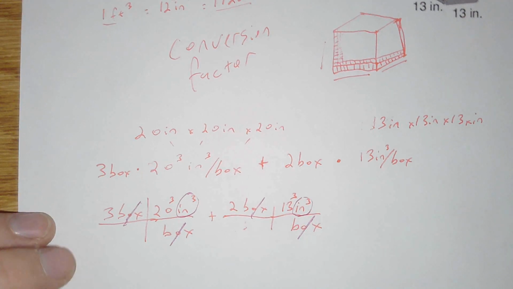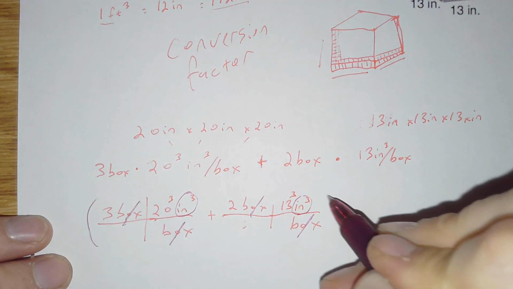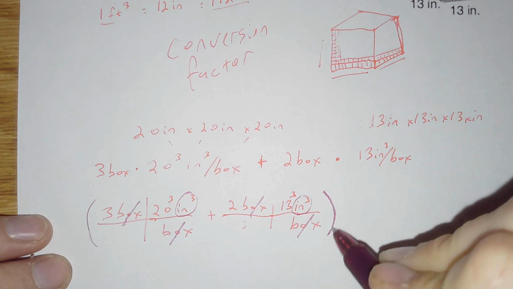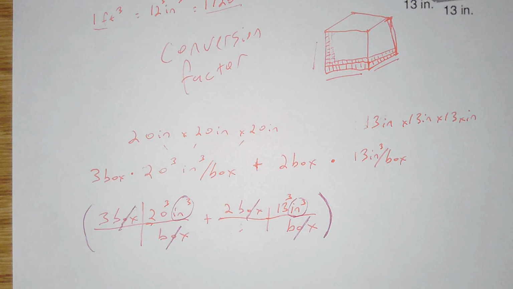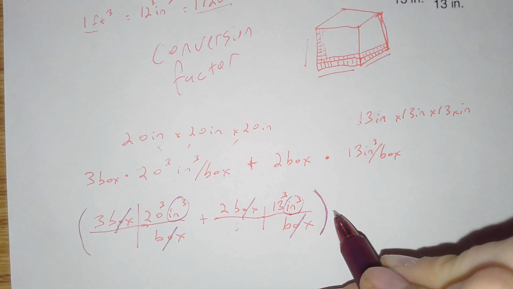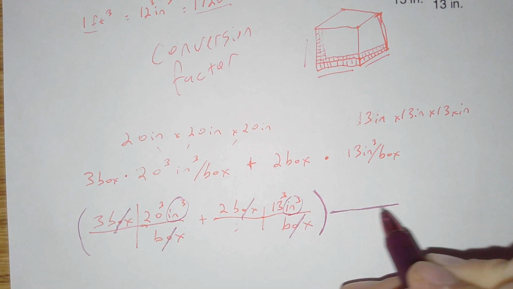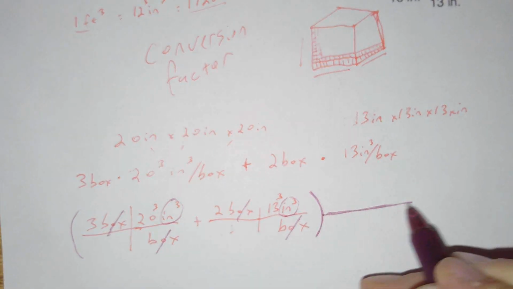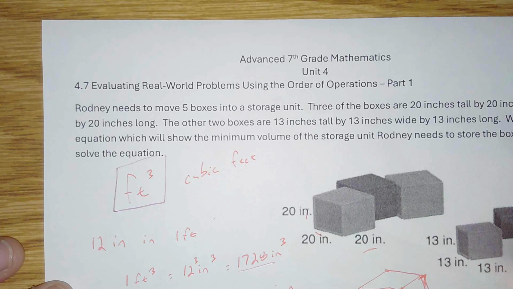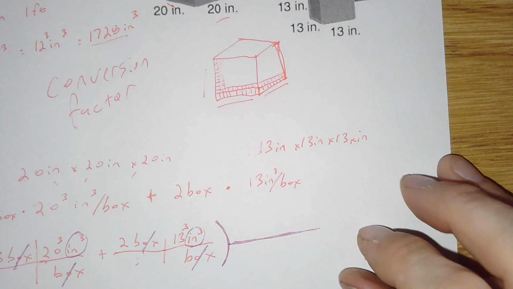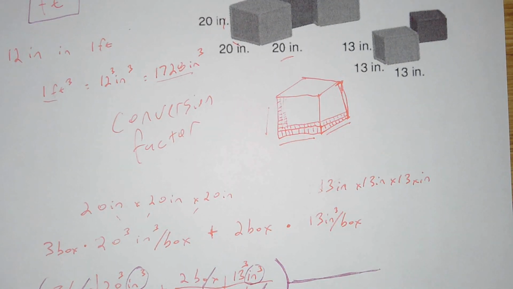Okay, so all of this is going to be multiplied by my conversion factor. And my conversion factor is, what do I need in the end? I need in the end cubic feet. So my cubic feet is going to go on top, right?